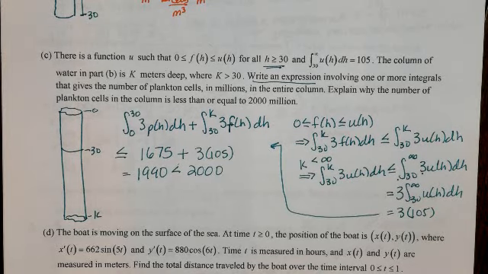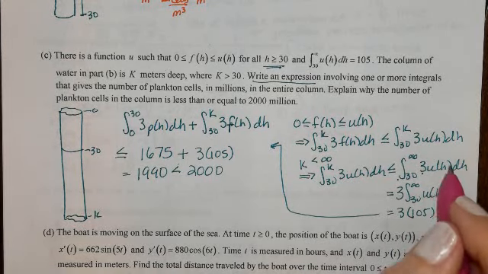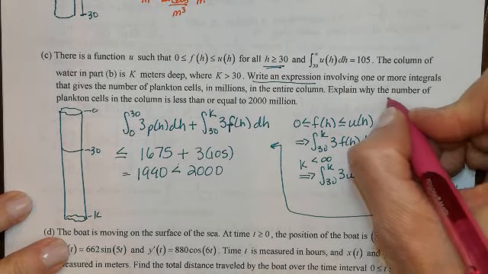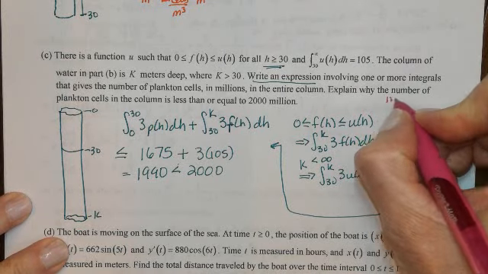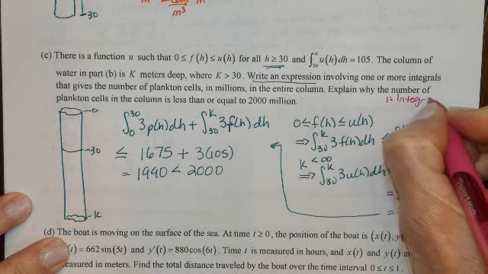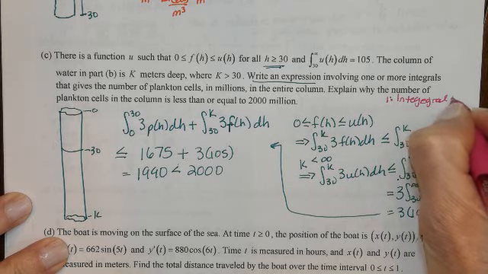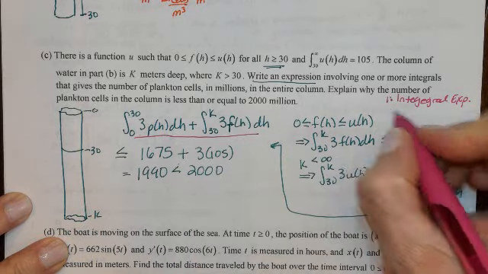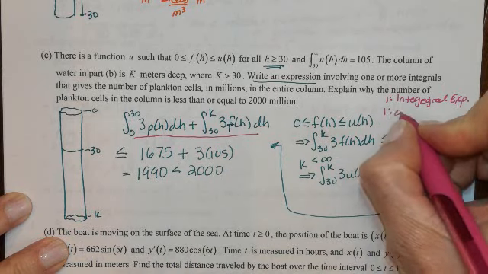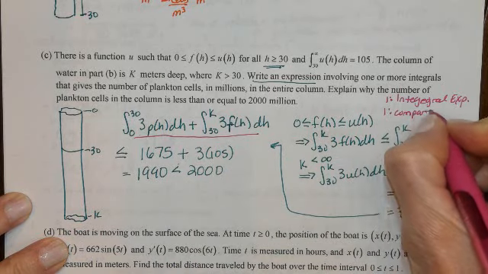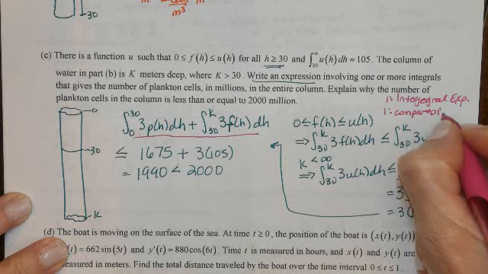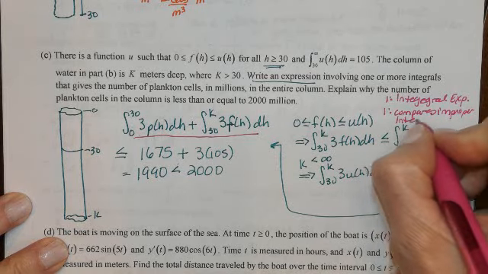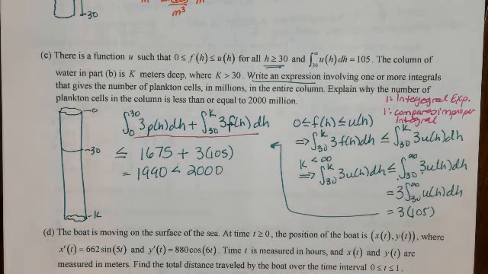Okay, so this was a challenging one. I can see why my students came back talking about it. This was worth 3 points. 1 point was for the integral expression. So that was this piece right here. 1 point was for comparing the improper integral.